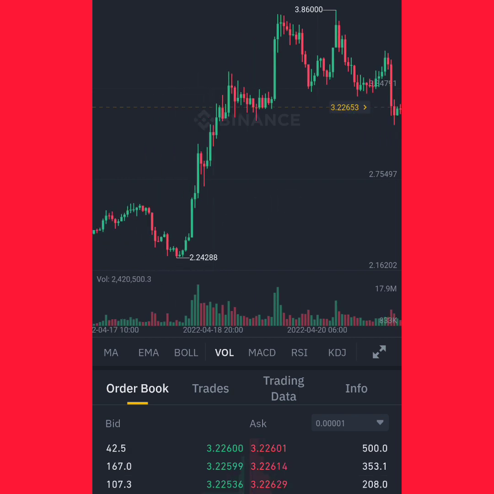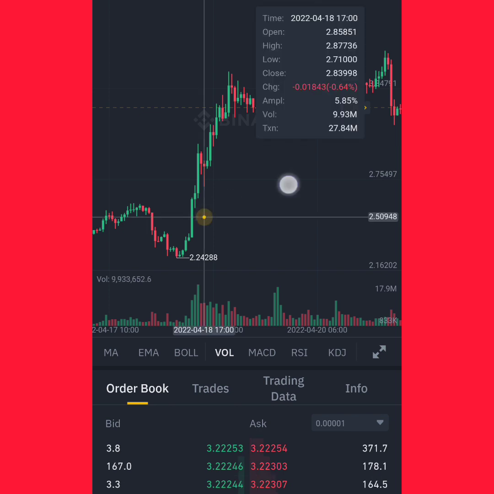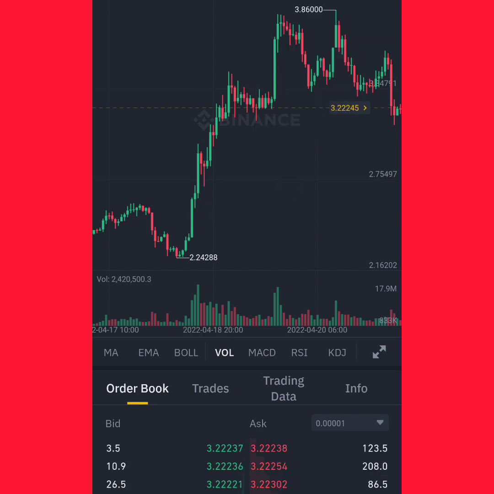The price moved from this point up to this point, an uptrend, and then it made a pullback right here and attempted to break the previous resistance, but could not. And then it formed a rejection here.